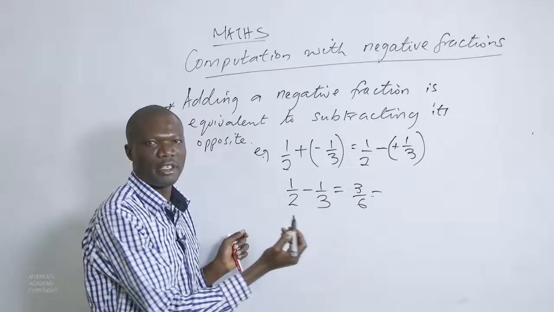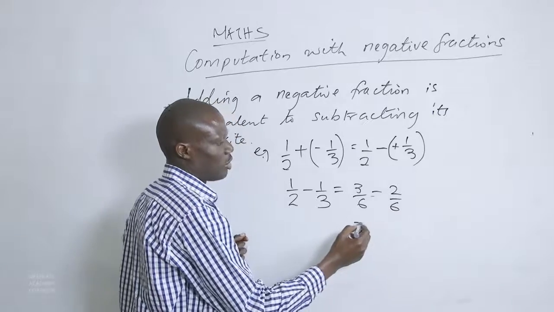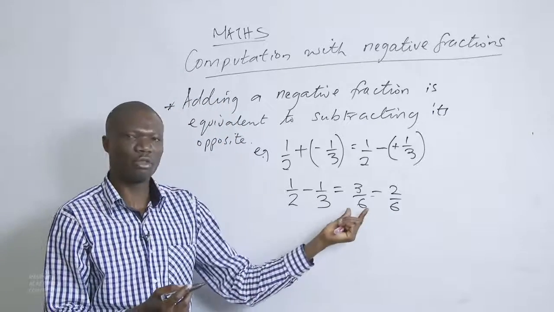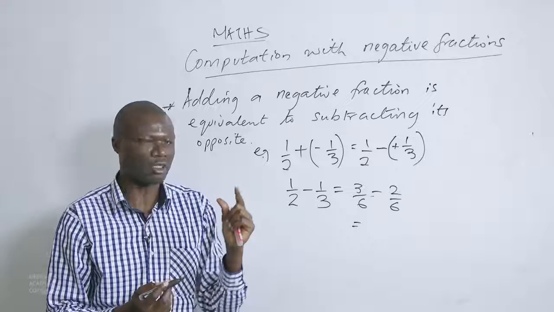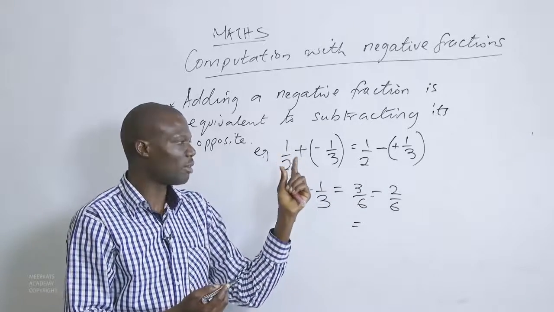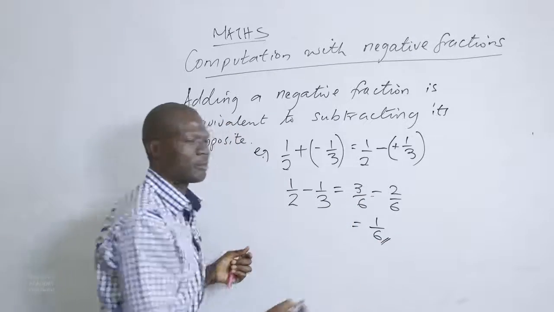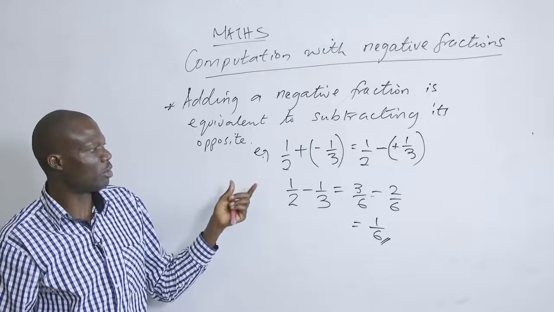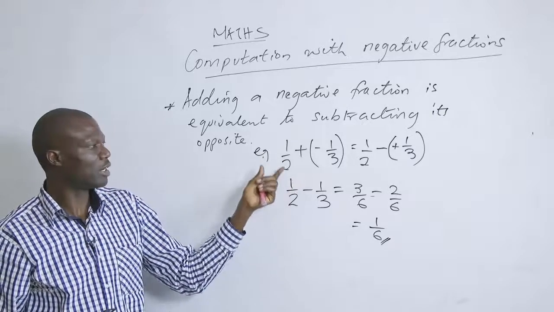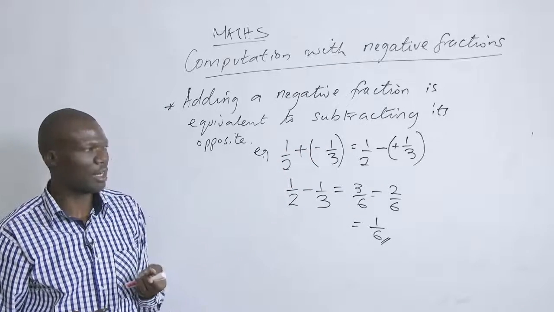Minus 6 divided by 3 is 2. 2 times 1 is 2. So this one is 2 over 6. So these are equivalent fractions of this, respectively. So if that is the equivalent fraction, then 3 minus 2 gives us 1. The denominator is 6. So we have been able to subtract this particular fraction from a half.